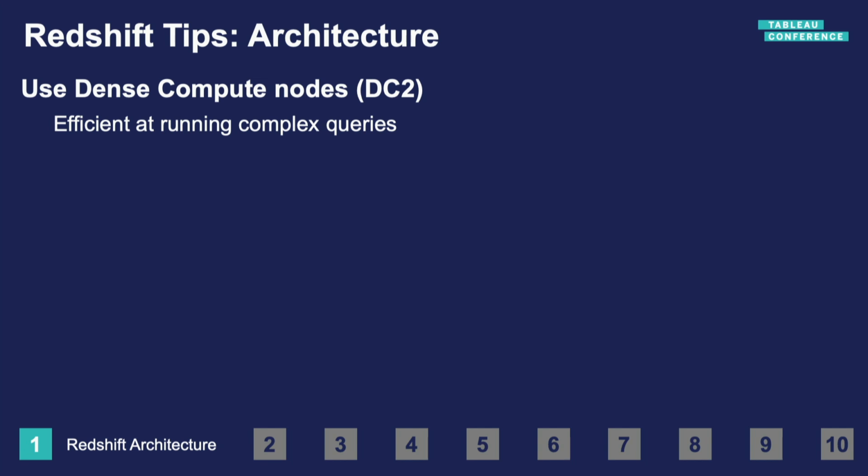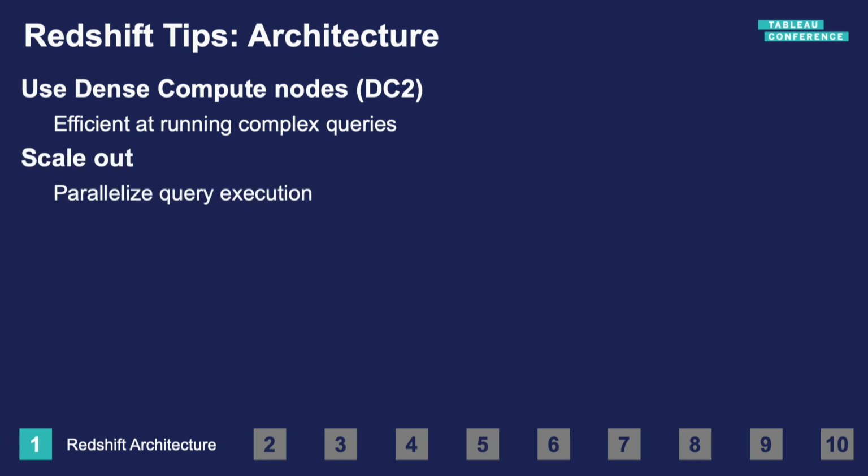Dense compute have a lot of CPU and memory and can do a lot of analytics really fast. Dense storage have more storage, so it's for when you need vast amounts of storage for your tables. Our recommendation is, if possible and when possible, to use dense compute nodes.